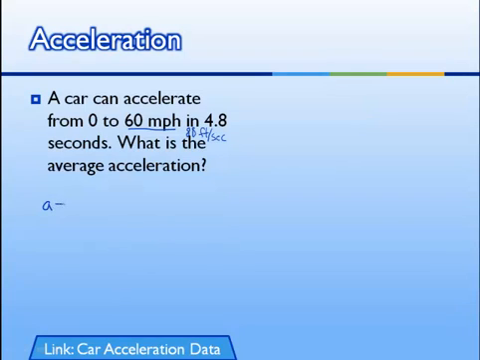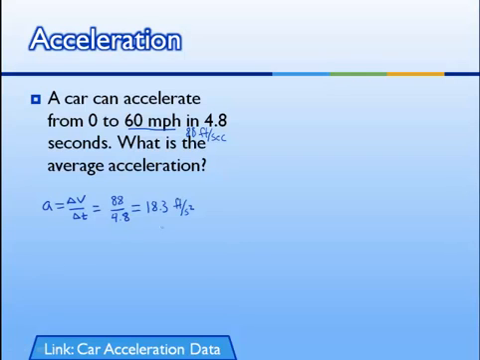Now if we use the average acceleration as change in velocity over change in time and use 88 and 4.8, this calculates to 18.3, and the units would be feet per second on top per second, or feet per second squared. Now this is something we can directly compare to gravity.